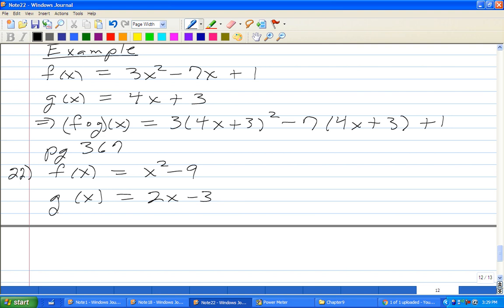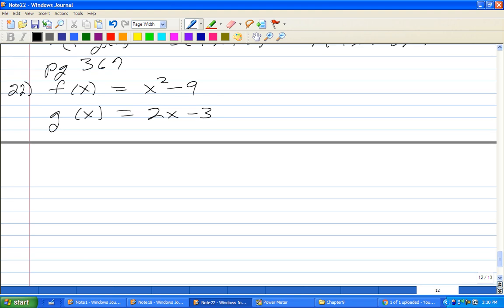Okay, so in exercises 15 through 35, compute A, f composed with g of x, B, g composed with f at x. So let's do that. Part A, f composed with g at x.